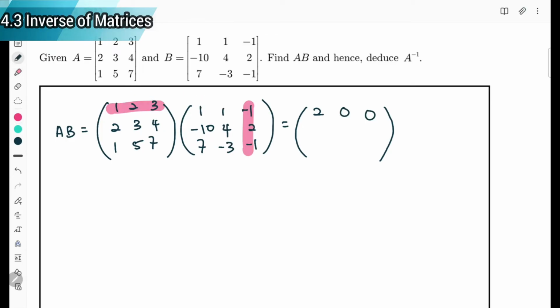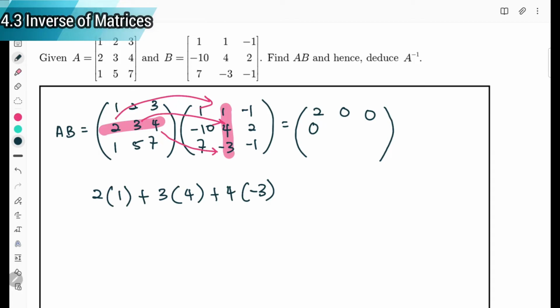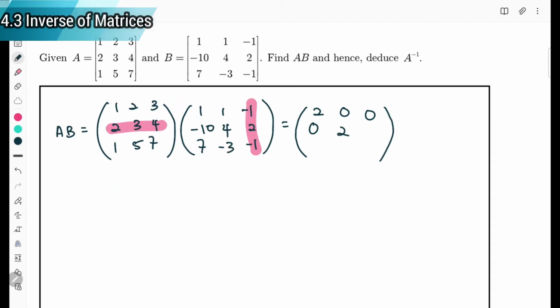Then get 0. Second row, first column, you'll get 0. Then you get 2, and then 0. This one you get 0. This one is 0. Lastly, you get 2.